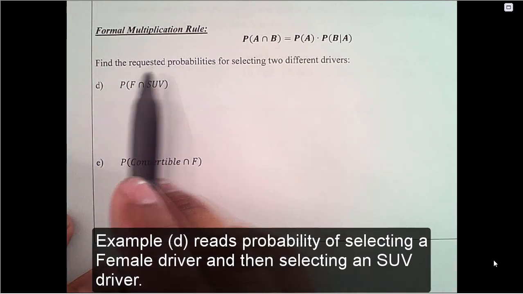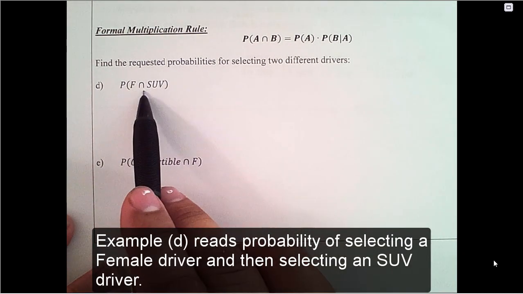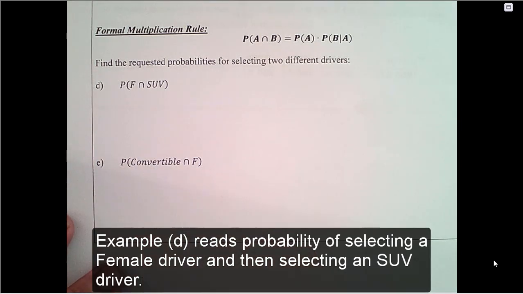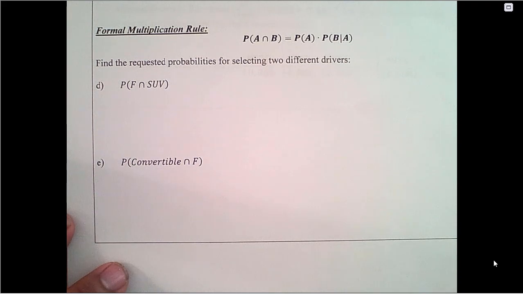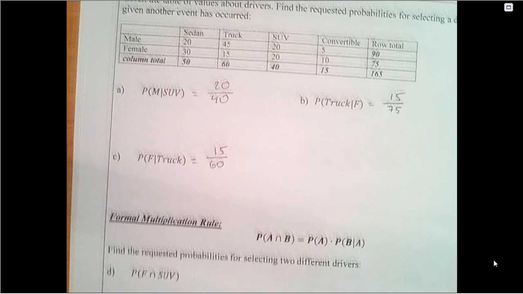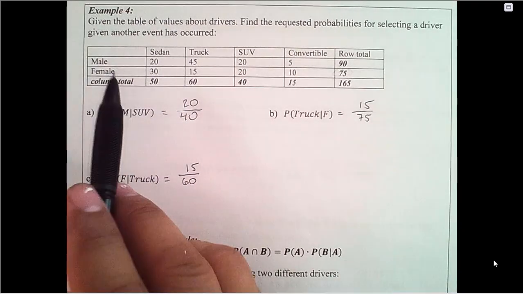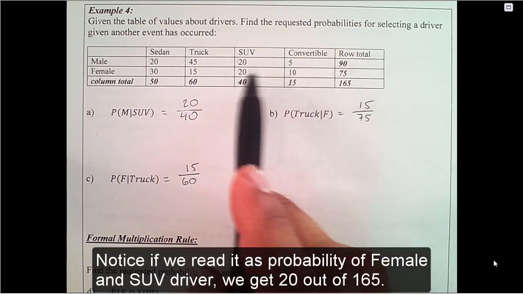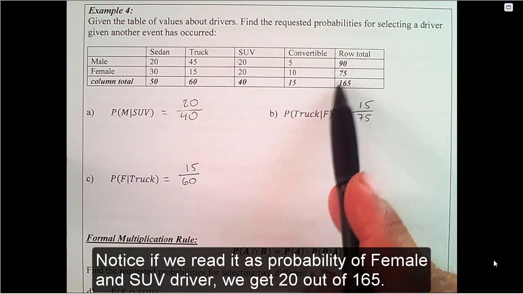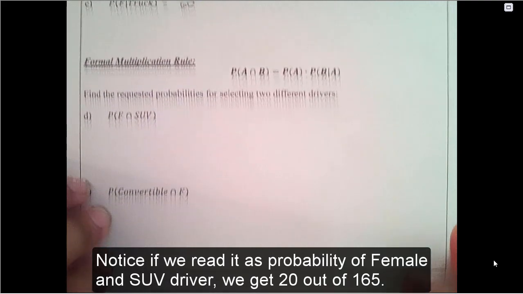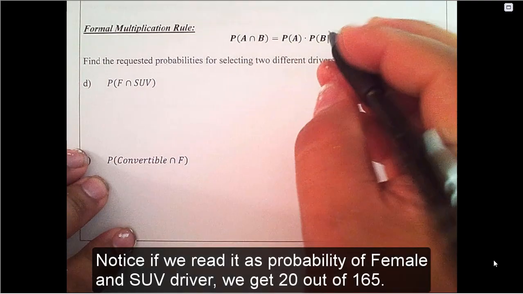Example D reads probability of selecting a female driver and then selecting an SUV driver. Notice if we read it as probability of female and SUV driver, we get 20 out of 165.